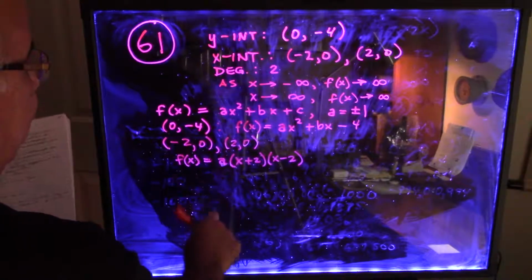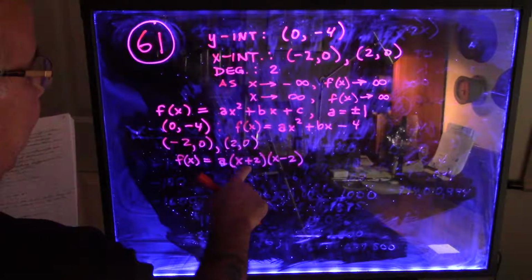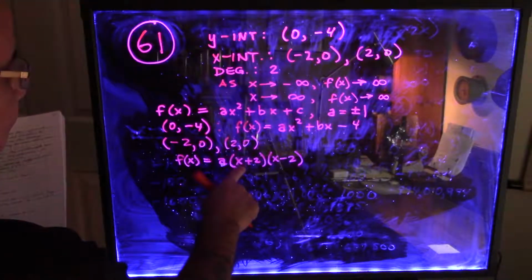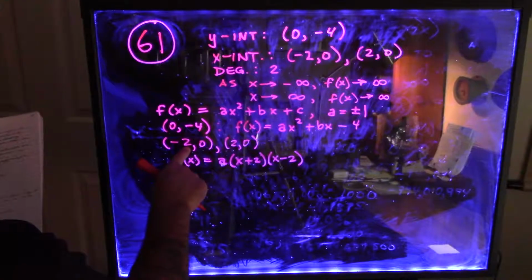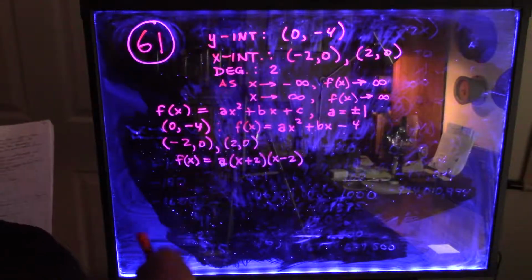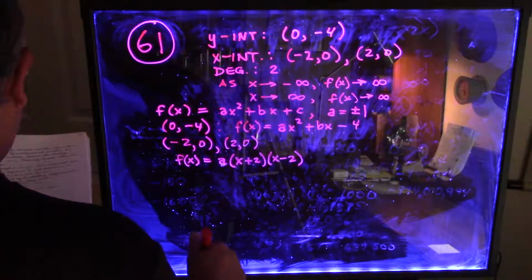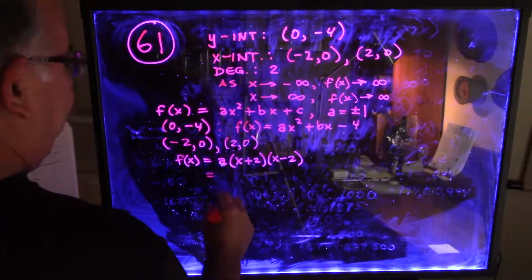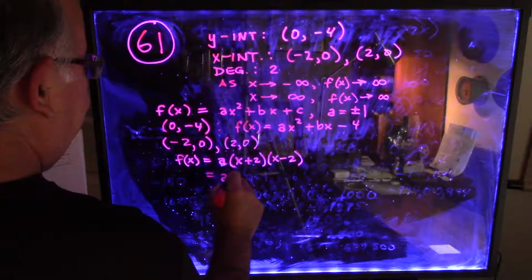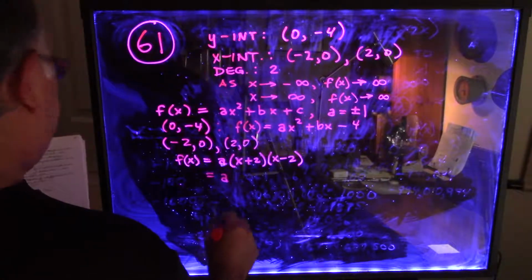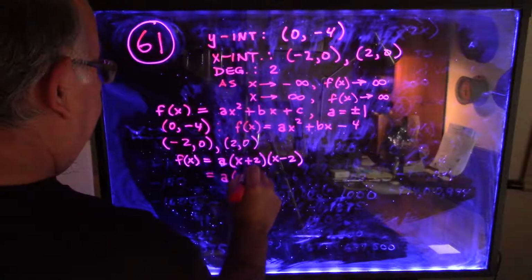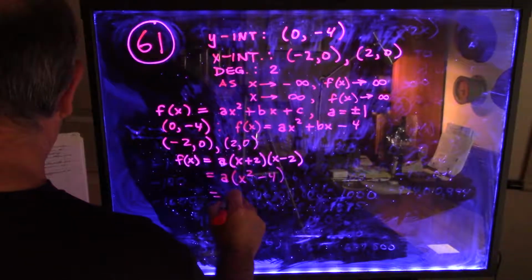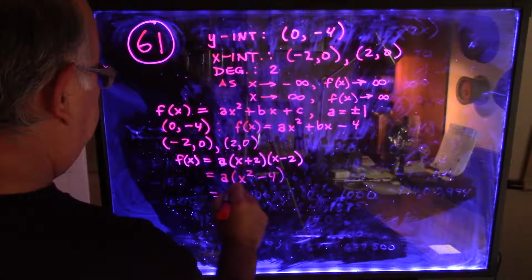A is either plus or minus 1, and these have roots of plus or minus 2, just like we see here, right? They gave us that information. So you multiply this out, multiply these two binomials. X plus 2 times x minus 2 is x squared minus 4. Distribute the a through, you get ax squared minus 4a.